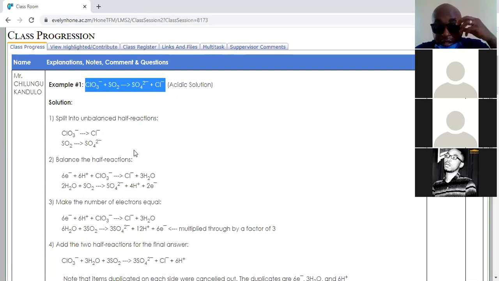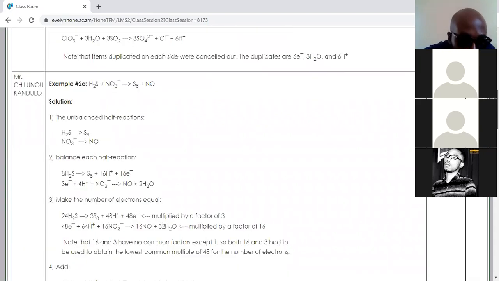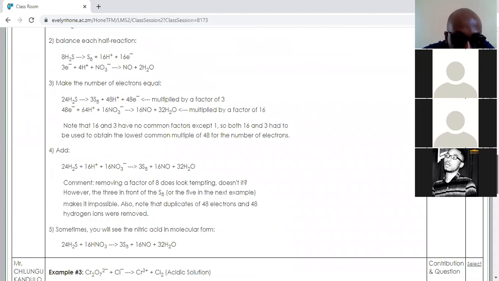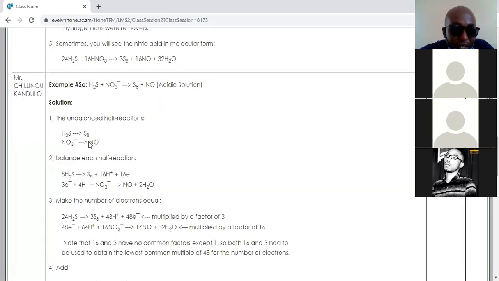So to summarize what I talked about, we can use electrons, we can use oxygen. One of the things that I want to emphasize is S8. The first thing you do is balance elements other than hydrogen or oxygen. So you have to put 8 here.